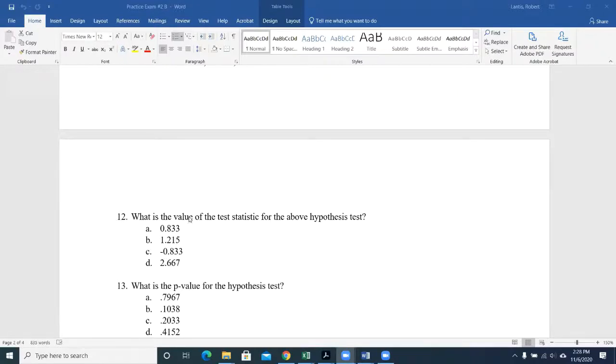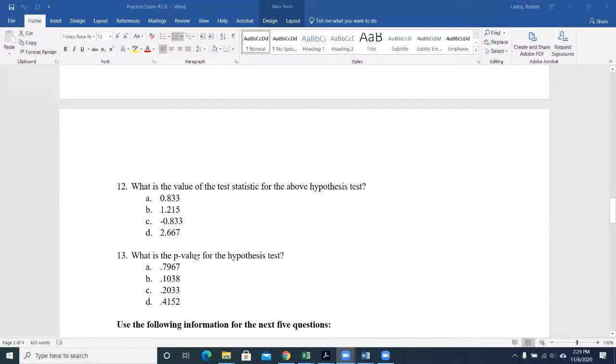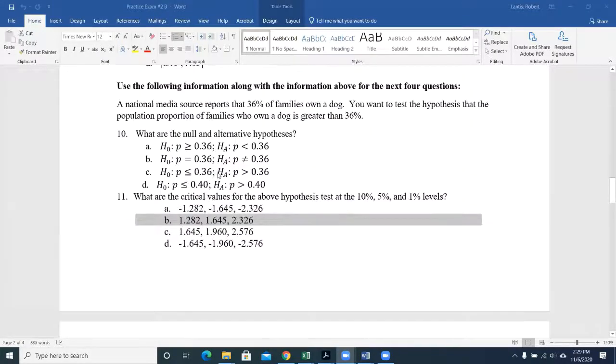Once I have that test statistic, the next question is generally what's the p-value. On the multiple choice problems on the exam, to prevent cascading errors, if you didn't get the null and alternative hypothesis right, you're probably not going to get the critical values right. So if a question asks you to identify the null and alternative hypothesis, on the very next question I will say, assume that instead this was the null and alternative.